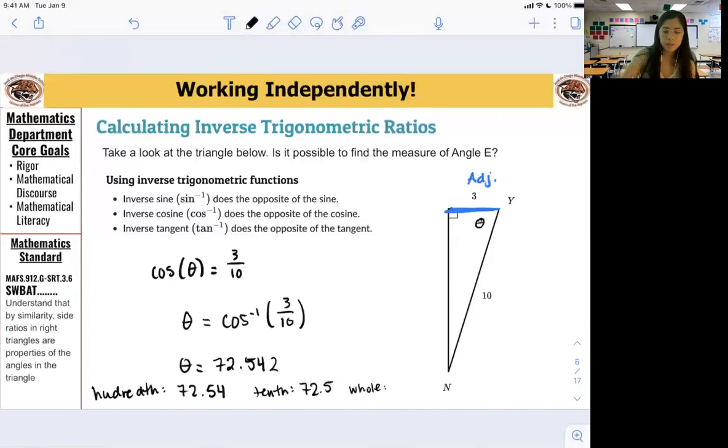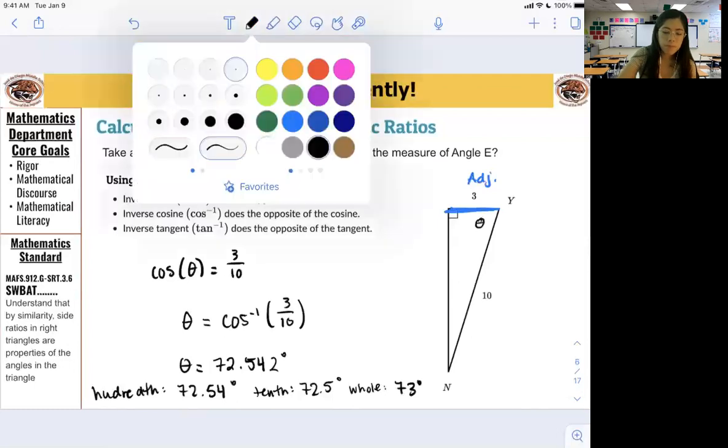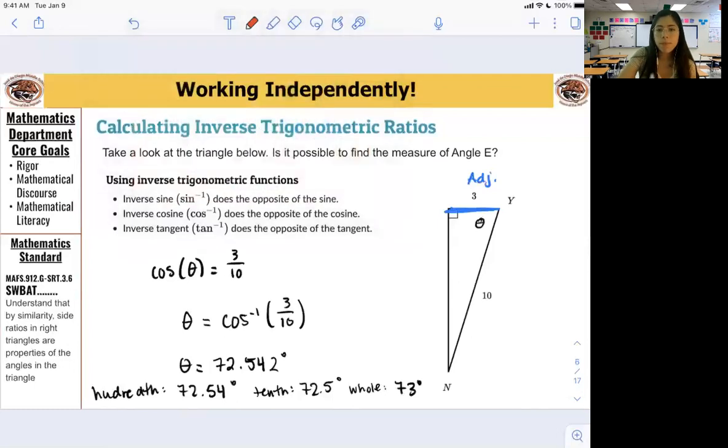What about to the nearest whole degree? Good, 73 degrees. Why do I have to round it up to 73? Well, because when I round to the nearest whole number, that was a 2, but what's next to the 2?